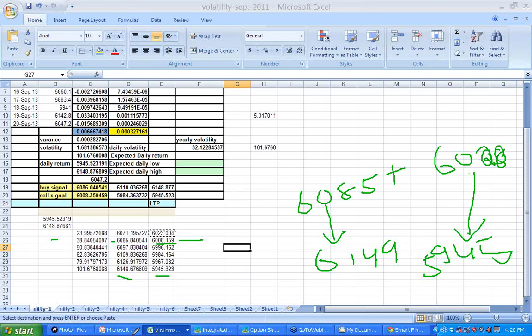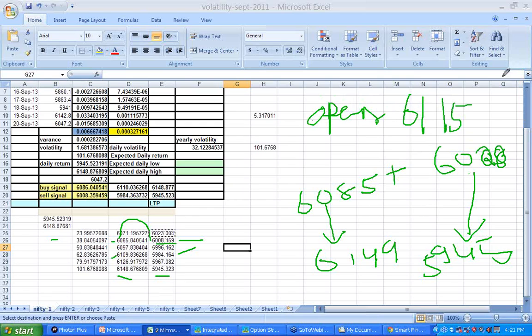But we do not know what happens on Monday. Monday, if it happens with the range between 6085 to 6008, then we are quite happy. But suppose, assume it has opened at 5984 or 6109, beyond our calculated point. What we have to do? In that case, assume it opens at 6115.